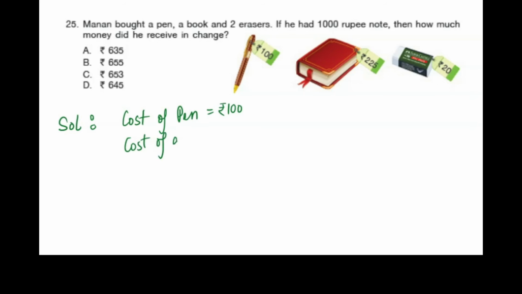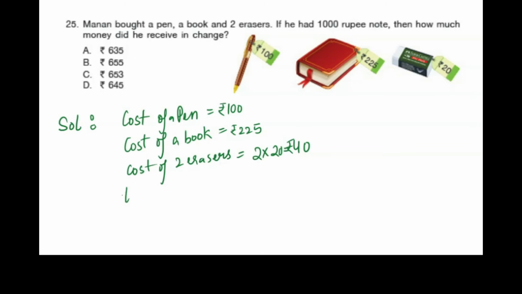Cost of a book is rupees 225. Cost of 2 erasers is 2 times 20, that is 40 rupees.